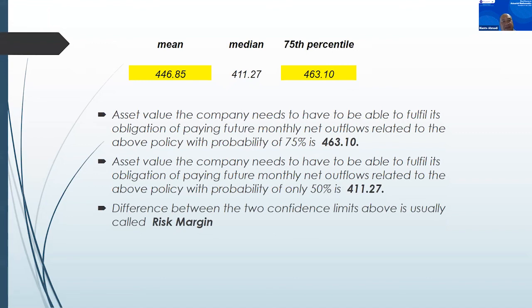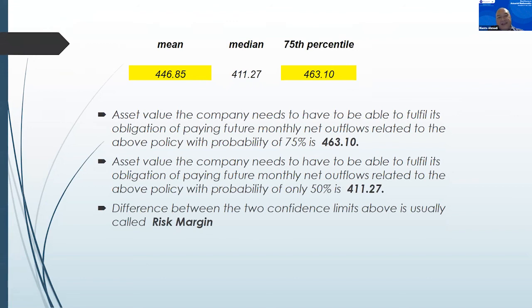So the asset value the company needs to have to be able to fulfill its obligation of paying future monthly net outflows related to the above policy, with probability 75%, is 463.1. If you want a smaller probability, 411.27 is going to be enough, theoretically speaking.